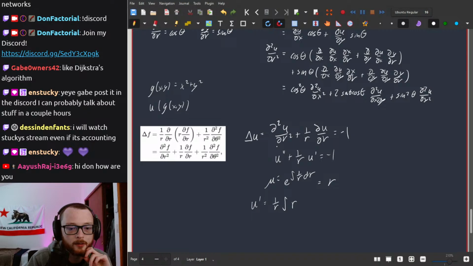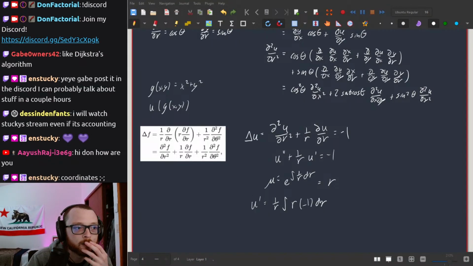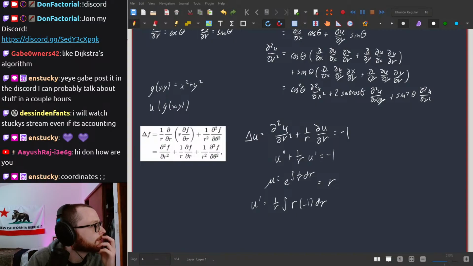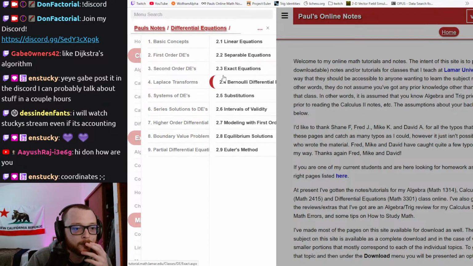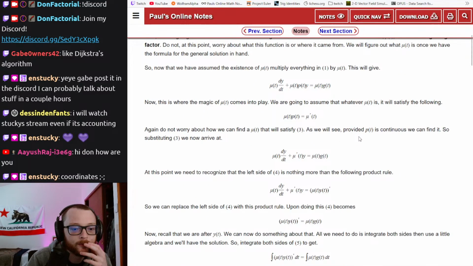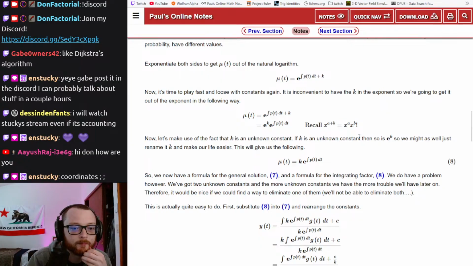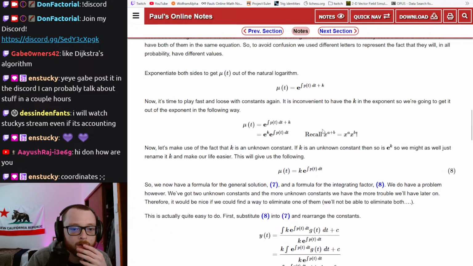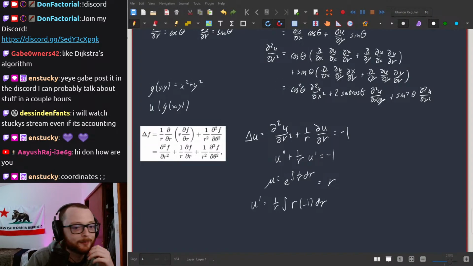Integral of r times that function, right? Wait, I can never remember this. Okay, right. Yep, coordinates.